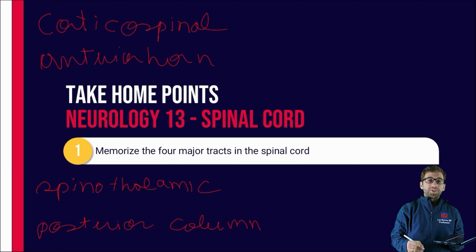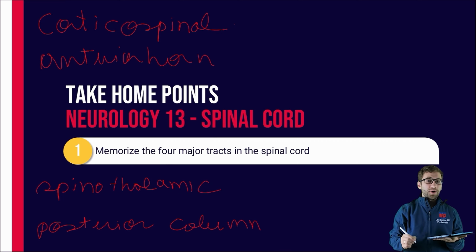Well, the corticospinal tract, also known as the pyramidal tract, is responsible for voluntary motor control, with fibers crossing in the medulla, not in the spinal cord. The corticospinal tract connects to the anterior horn that will then connect to the muscles.